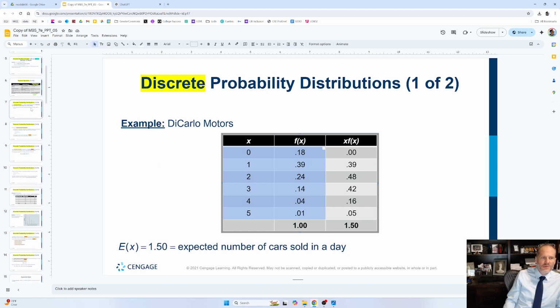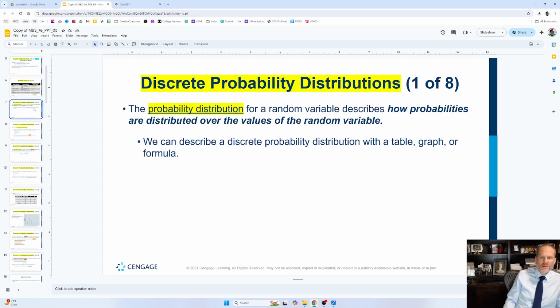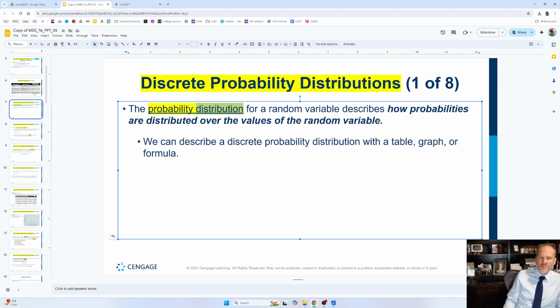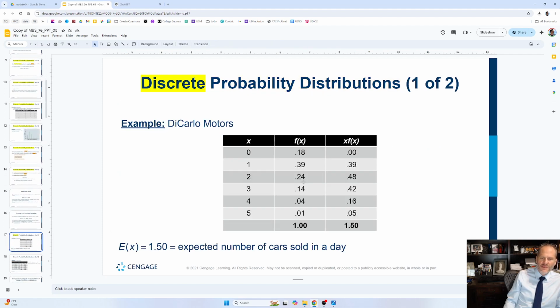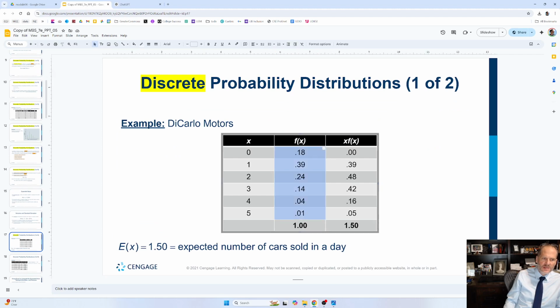And so we come back up here to this definition of discrete probability distributions. The probability distribution for a random variable describes how probabilities are distributed over the values of the random variable. The values of the random variable are 0 through 5, and here is how those probabilities are distributed.